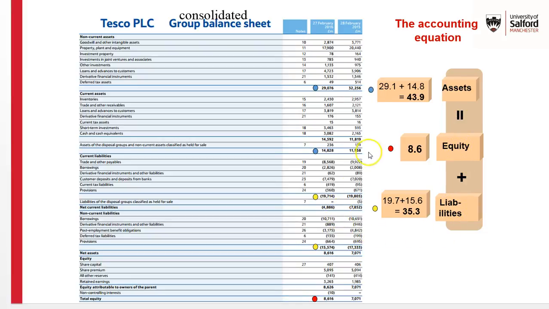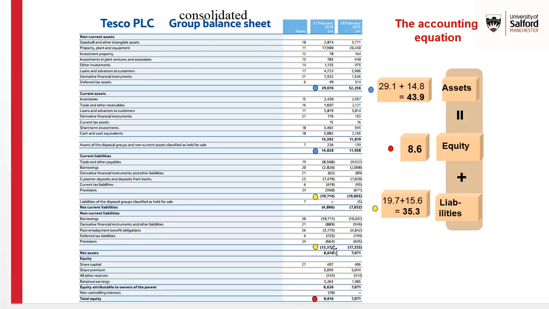So our total assets are 43.9 thousand million pounds. 1,000 million is a billion, so 43.9 billion equals 8.6 plus 35.3. 8.6 down there, and the 35.3 is that one and that one.